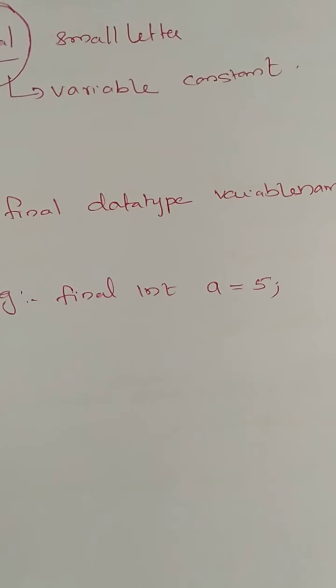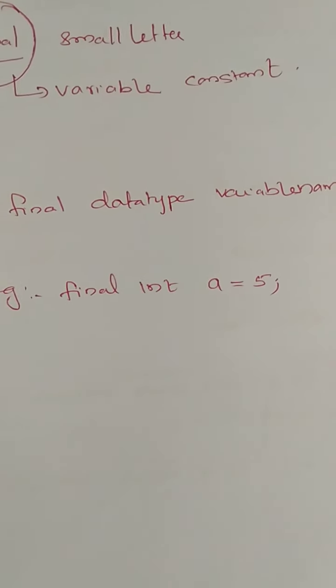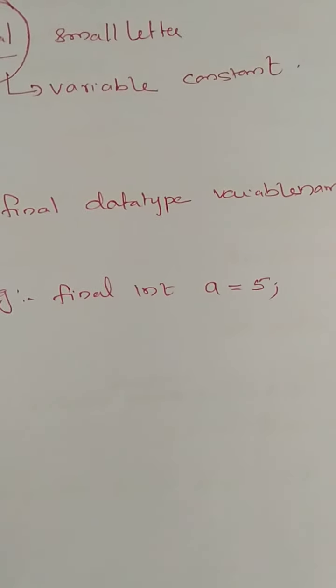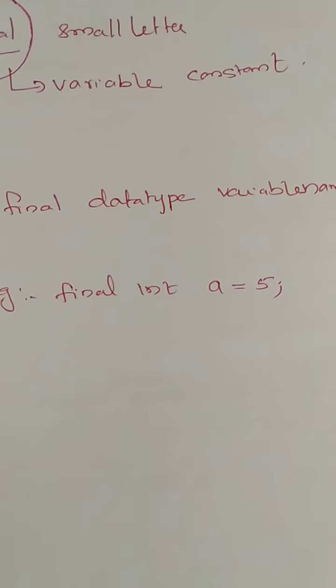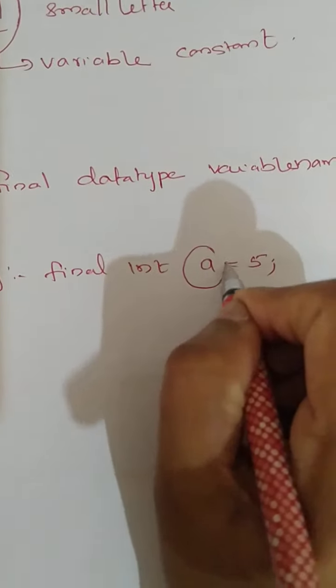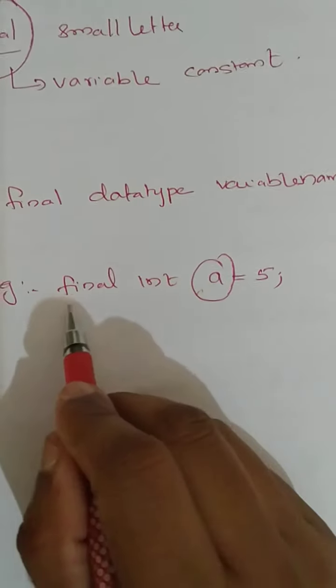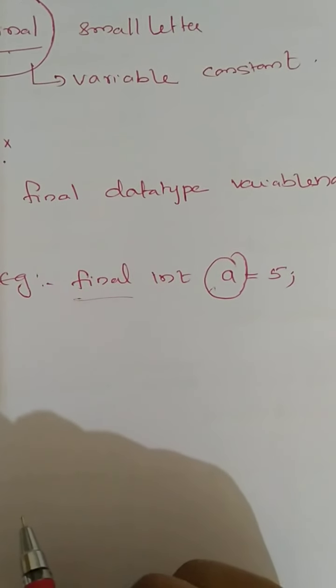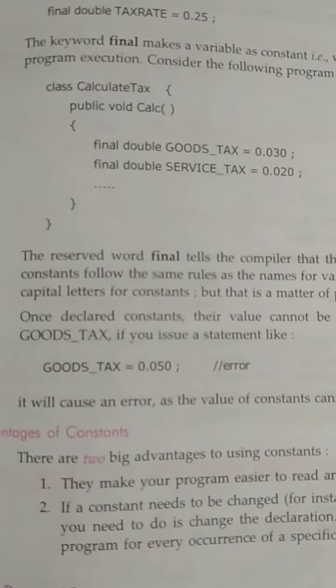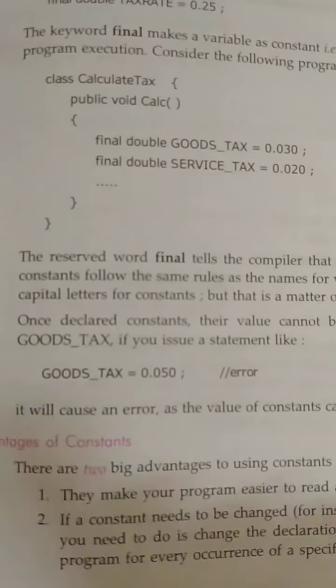You can use it for calculations, you can use it for printing, whatever operation you can do without making changes. If you try to make any changes, it will show an error because this variable a is made a constant. So the keyword which is used to make a variable constant is final.